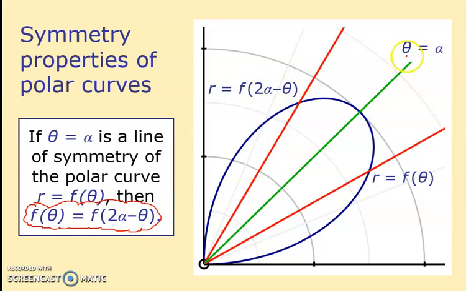So if we suspect that, in this picture it looks like pi by 4, that there's a line of symmetry through this line, then we can test that premise by seeing what you would get if we put that angle into our function, and then seeing what we get when we put our angle into f of 2 alpha minus theta, and see if you get the same answer.